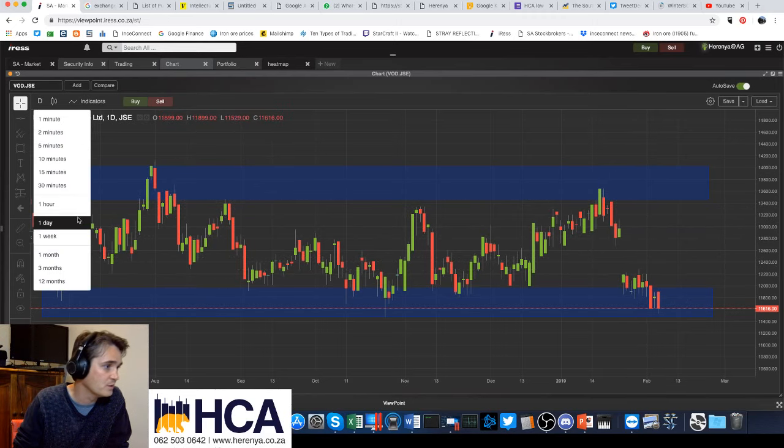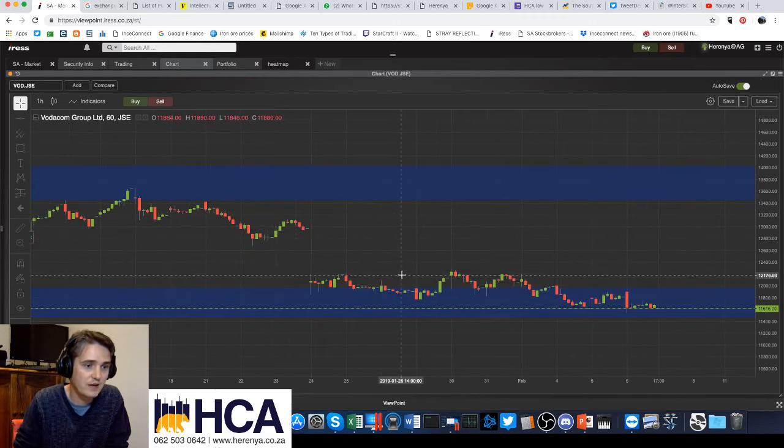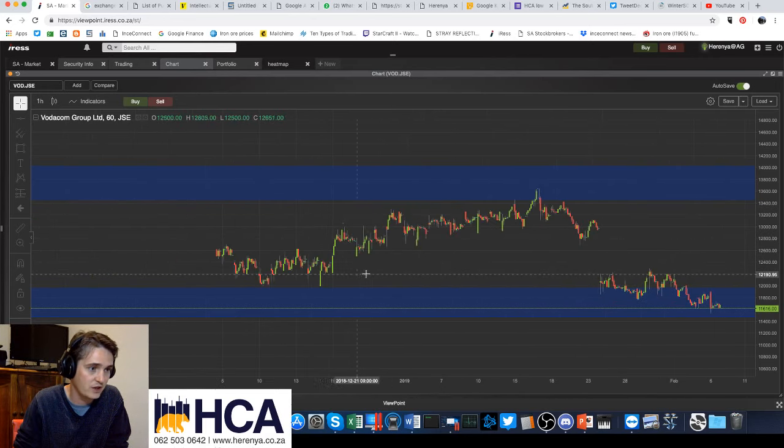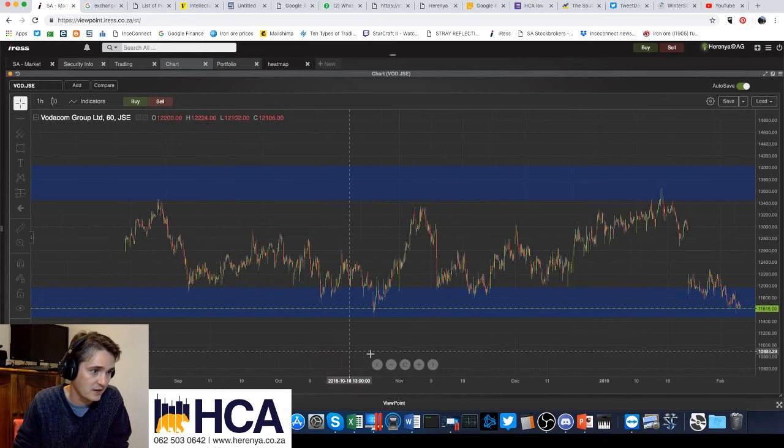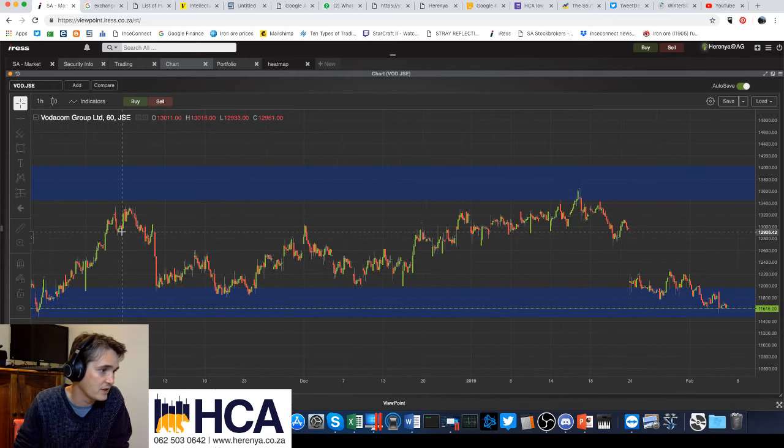What we could also do is switch to a lower time frame and look for a consolidation in these support and resistance areas, right? So if you look, we get into this area as a good example. There's a bit of a consolidation there in this area, and then it breaks the consolidation, trades down to the lows. Here it starts to consolidate in this area, breaks that, trades back to the highs.